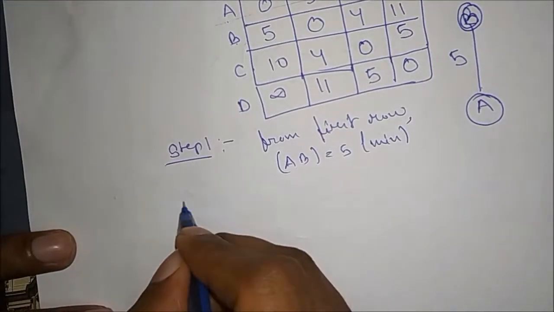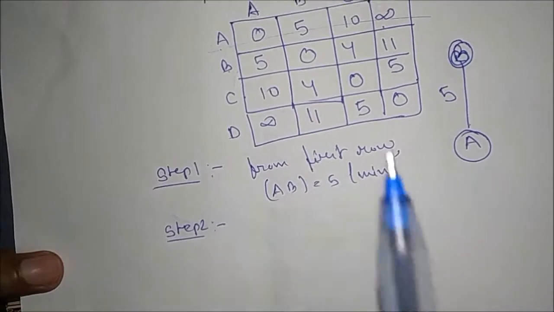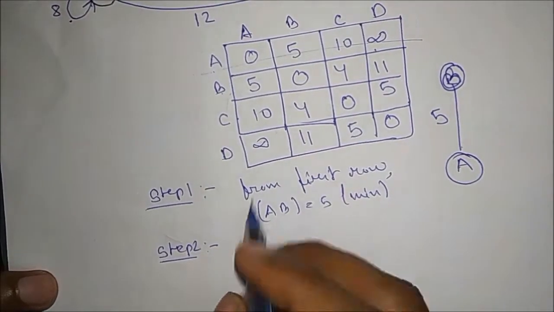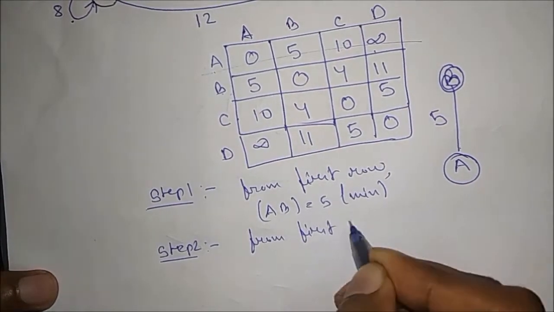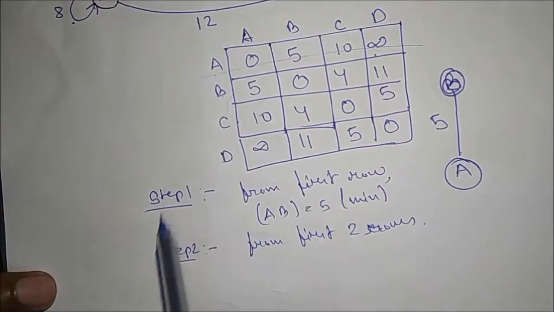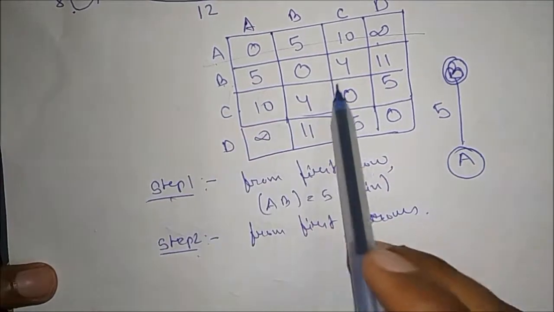Now in step 2, from the first 2 rows, sorry. In step 1 we did it from the first row, in step 2 from the first 2 rows. See, in the first 2 rows, what is the minimum distance?